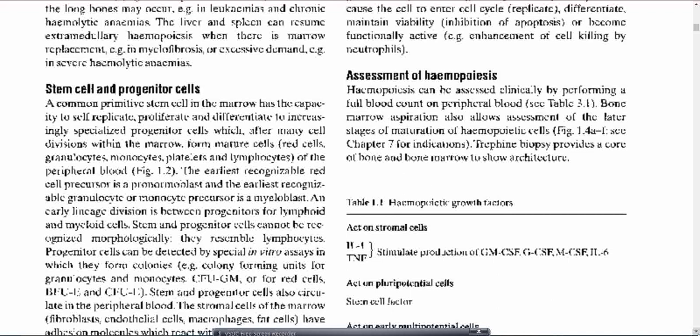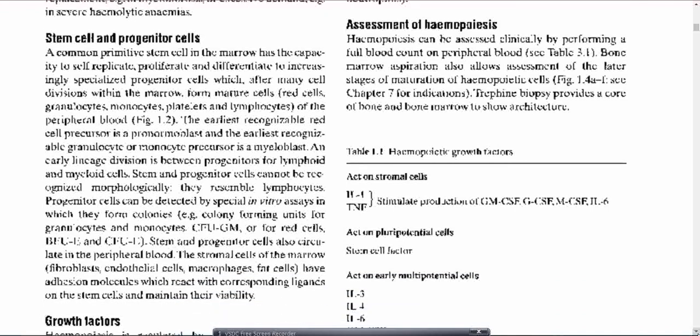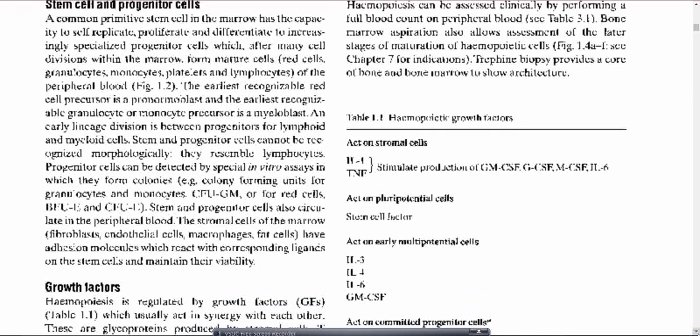Colony forming units for granulocytes and monocytes can be used to detect them, and the stem and progenitor cells can also circulate in the peripheral blood and be detected there. The stromal cells of the marrow, which are fibroblasts, endothelial cells, macrophages, or fat cells, have adhesion molecules which react with the corresponding ligands on the stem cells and maintain their viability.